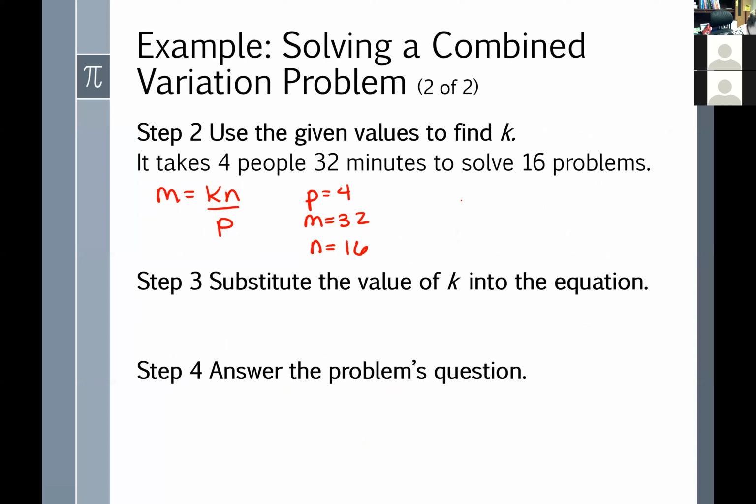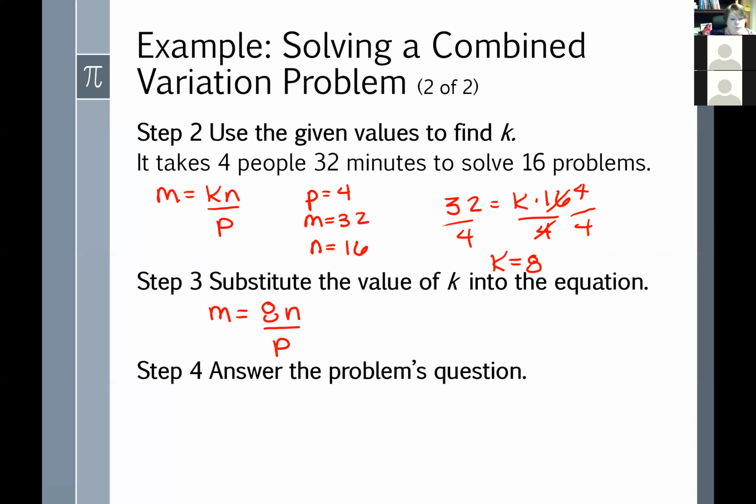So let's make those substitutions. 32 equals K times 16 over 4. So divide both sides by 4, and I get K is equal to 8. So my equation is M equals 8N over P.